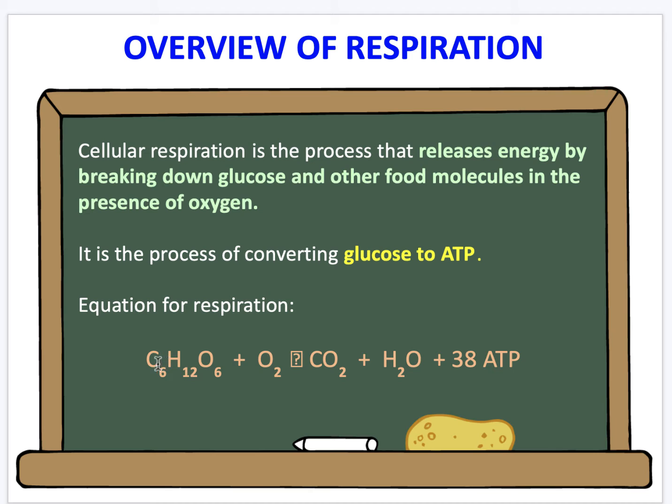On one side are the reactants and on the other side are the products. So 1 molecule of glucose and 6 molecules of oxygen gas will yield 6 molecules of carbon dioxide plus 6 molecules of water and 38 ATP.